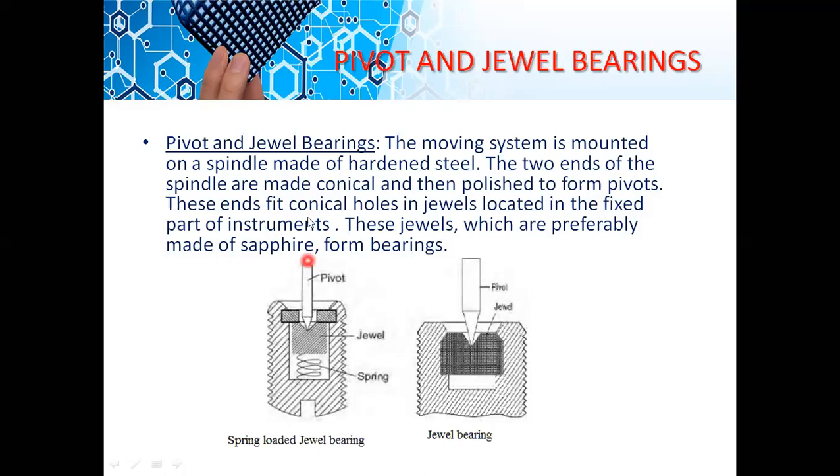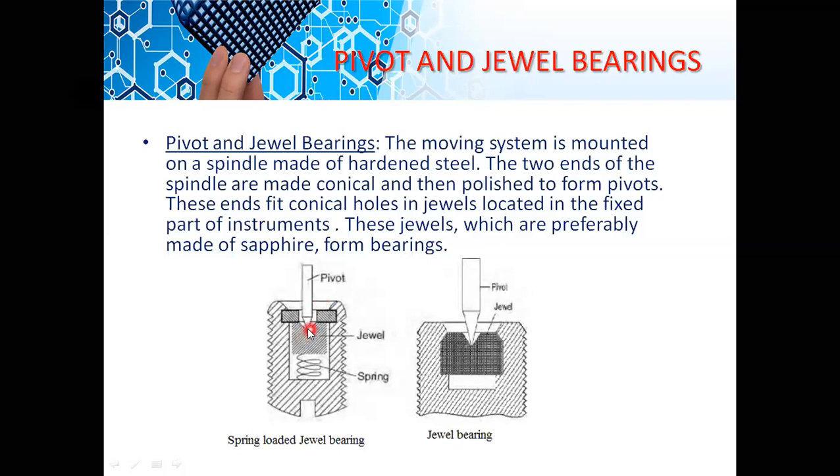You can see this is the spindle, one end of the spindle, it is made into a conical shape and it is polished to form a pivot, and these ends fit in a conical hole. This is a conical hole, and in this conical hole we place a jewel so that there will be less friction interaction between pivot and the jewel.